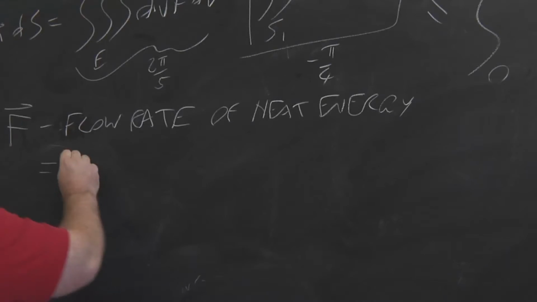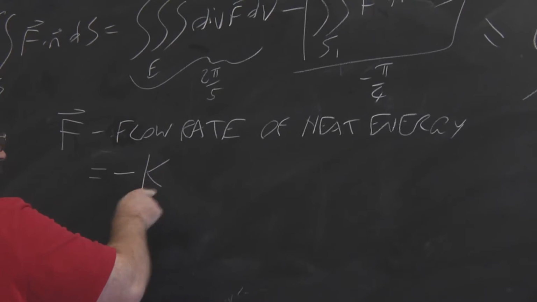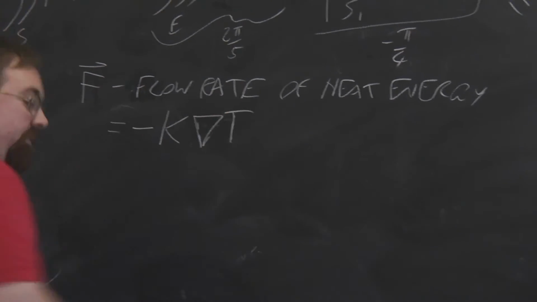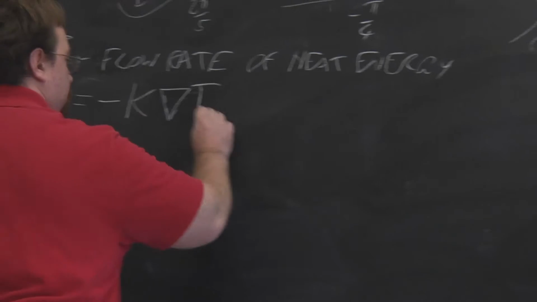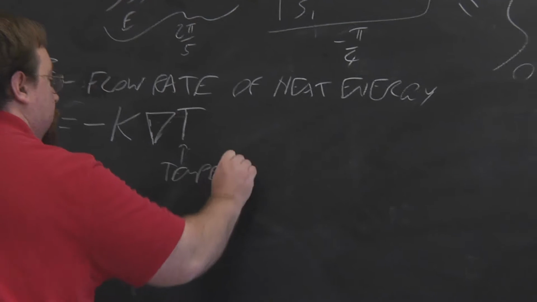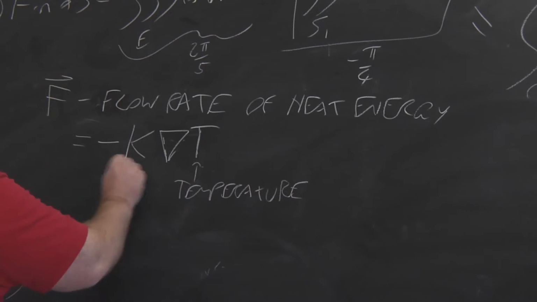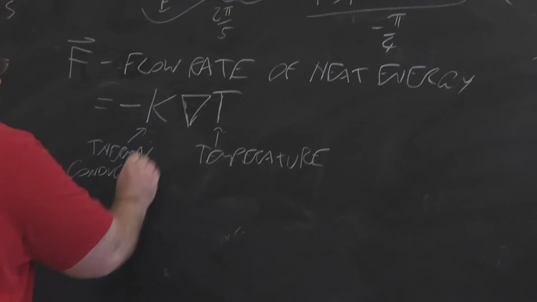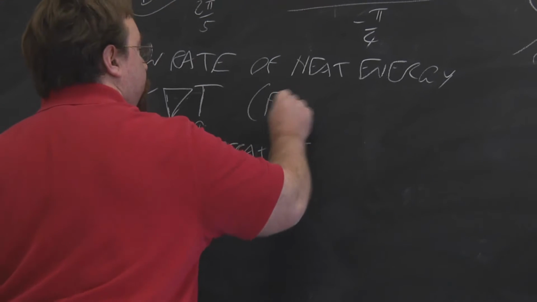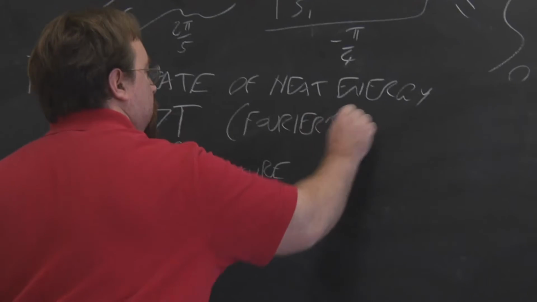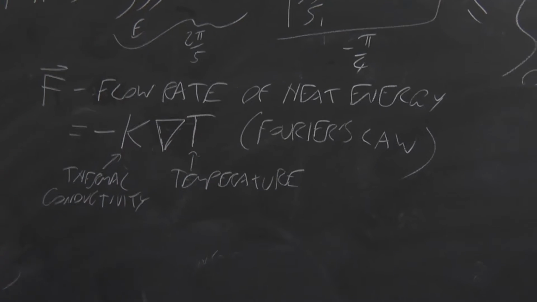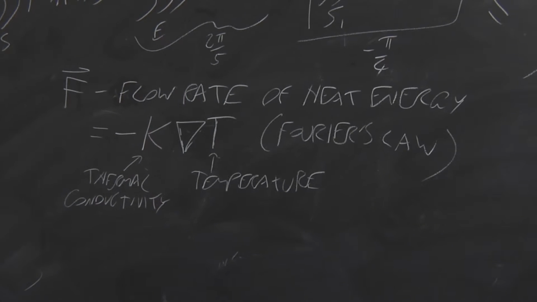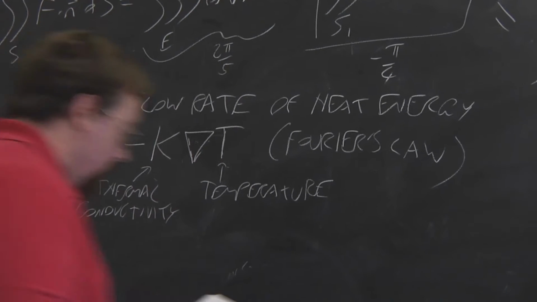So that means it's equal to minus a positive constant K times the gradient of T, where T is temperature, and K is thermal conductivity. This is known as Fourier's law. Okay. But Fourier was quite a mathematician. A lot of things are named after him.